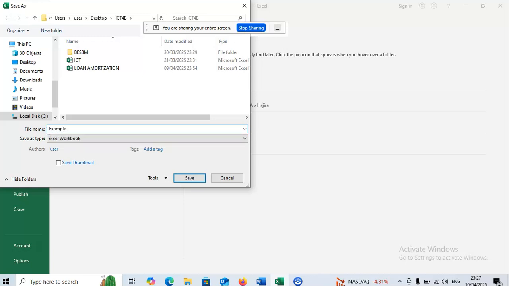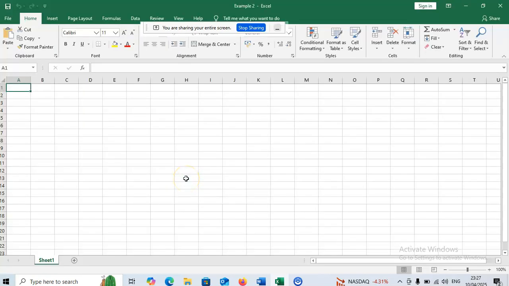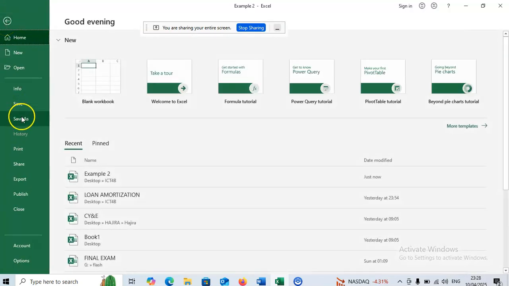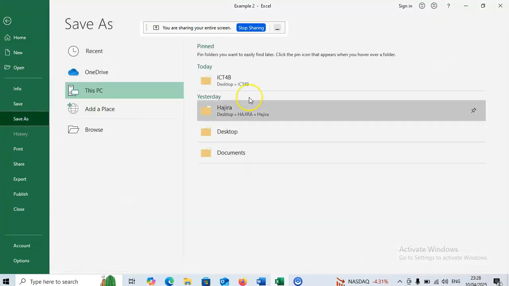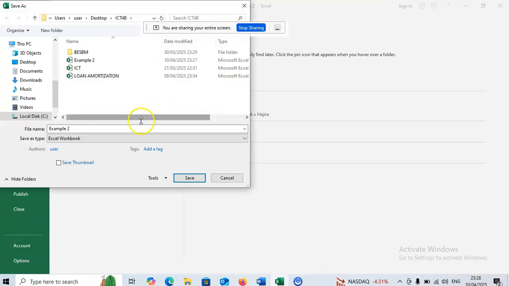Let us just save it as loan monthly payments. Then you click OK.